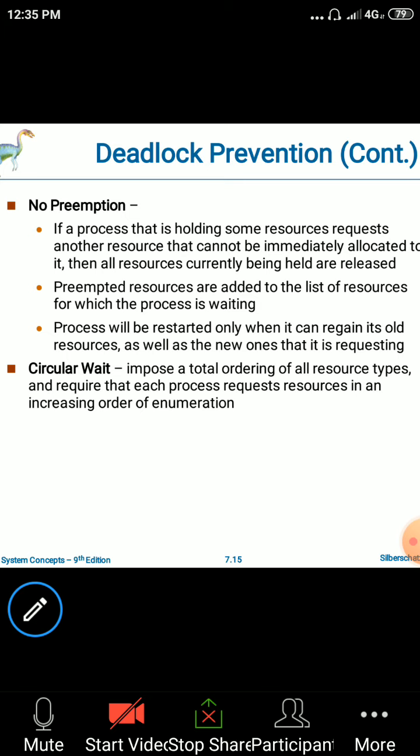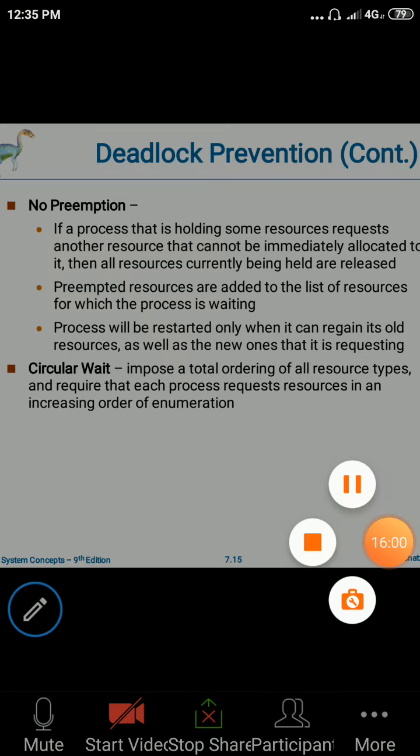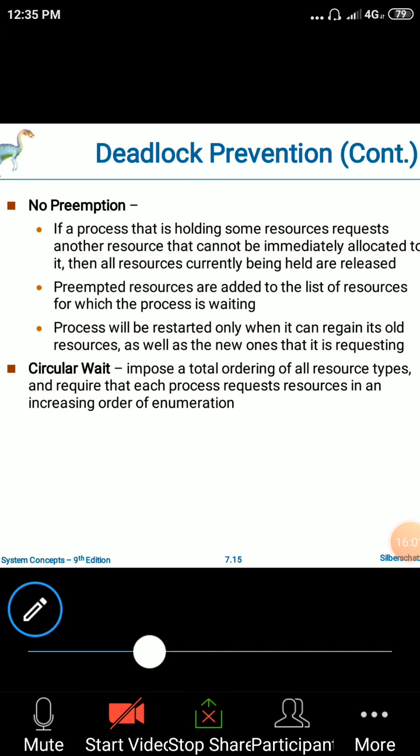So here, if a process that is holding some resources requests another resource that cannot be immediately allocated to it, then all the resources currently being held are released.